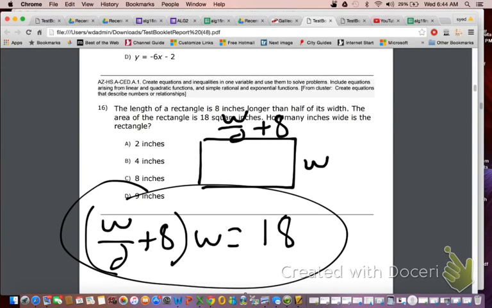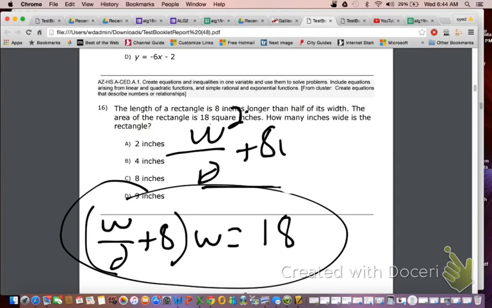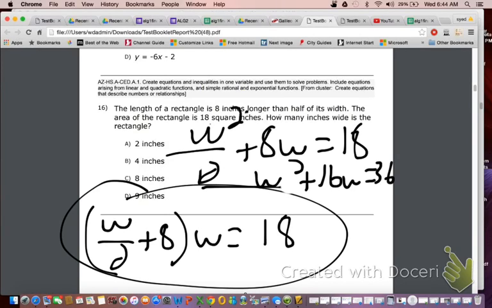All right, but if you just do the first step, you will get w squared over 2 plus 8w equals 18. Multiply both sides by 2. W squared plus 16w equals 36. Right? And then it basically comes down to this. You get w squared plus 16w minus 36 equals 0.